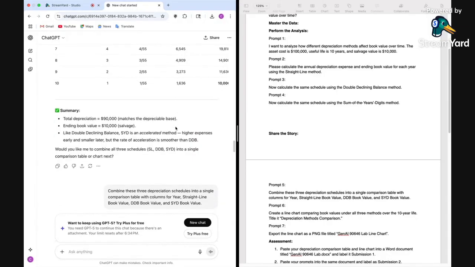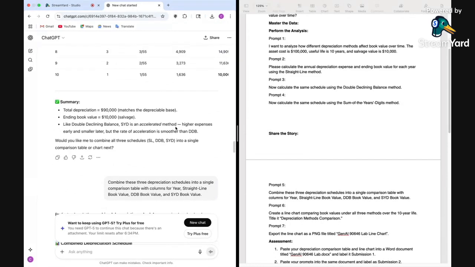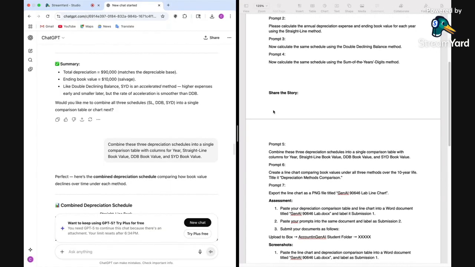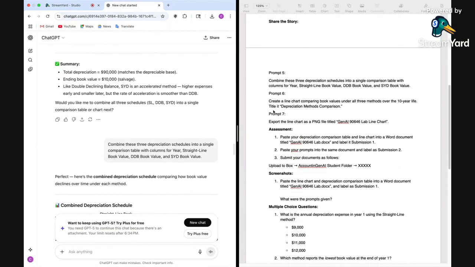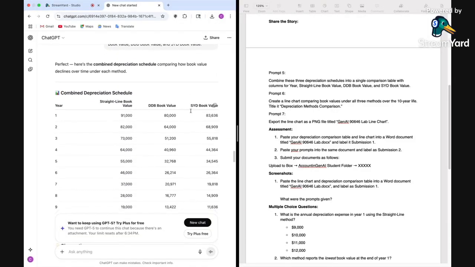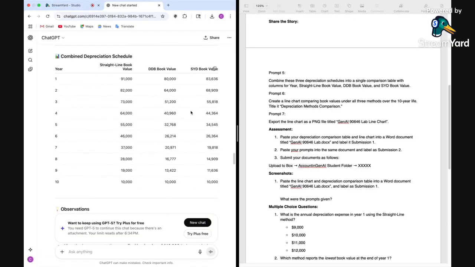After I get those 3 different charts, I then want to combine these 3 depreciation schedules into a single comparison table with columns for year, straight line book value, double declining book value, and sum of years digits book value. So basically it's combining the 3 different charts into one chart, so it makes it easier for you to read.